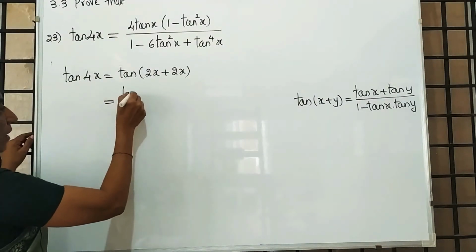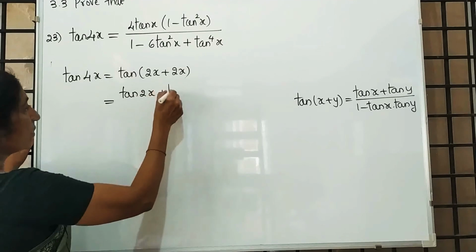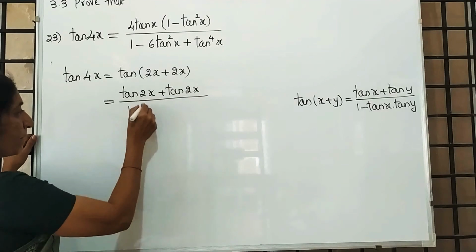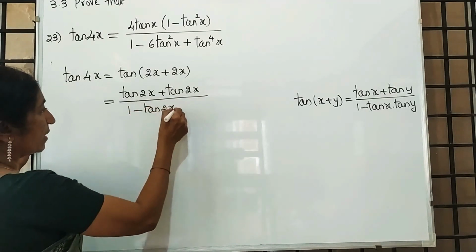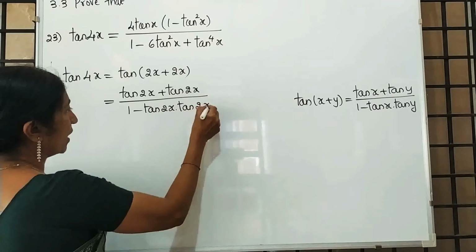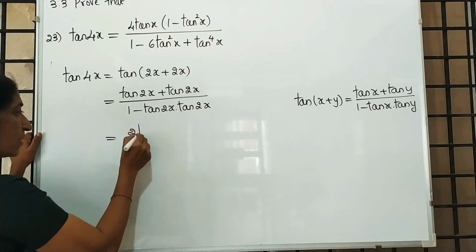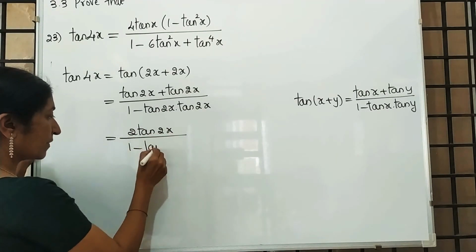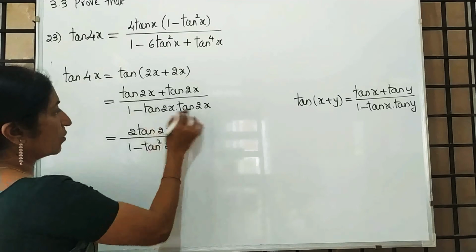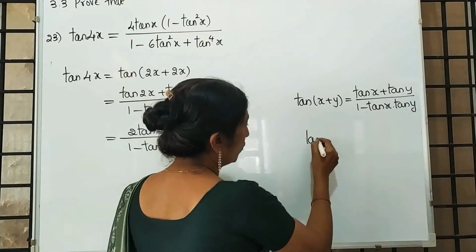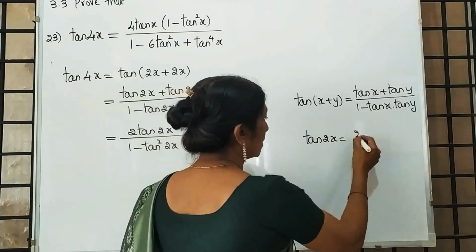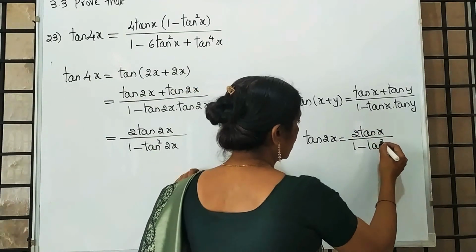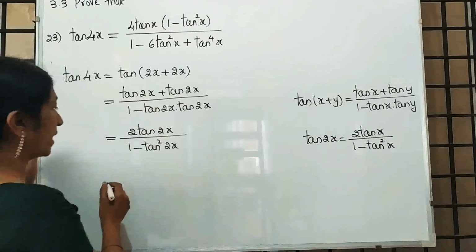So it is tan 2x plus tan 2x divided by 1 minus tan 2x into tan 2x. This is 2 tan 2x divided by 1 minus tan square 2x, and we have a formula tan 2x is 2 tan x divided by 1 minus tan square x.